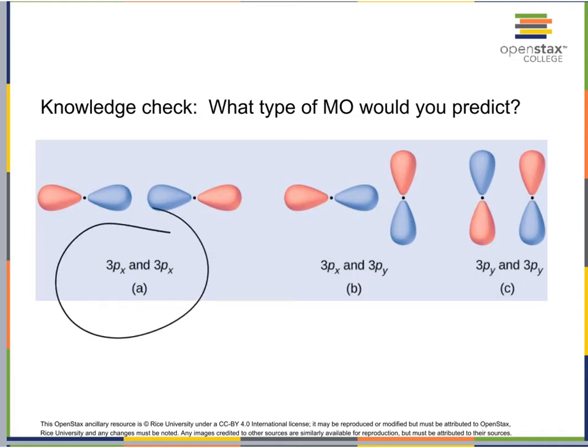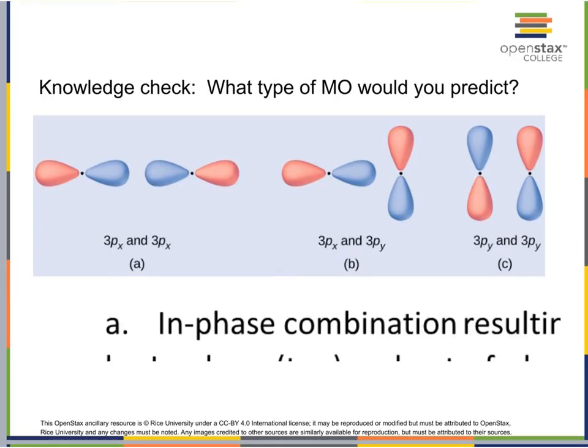Because you have the direct overlap, and the orbital ends are of the same sign, okay? So they're in phase, and that combination would result in a molecular orbital. It would result in a sigma px.